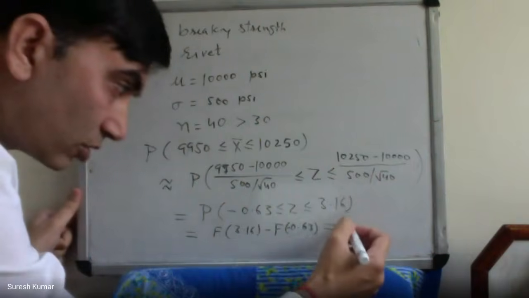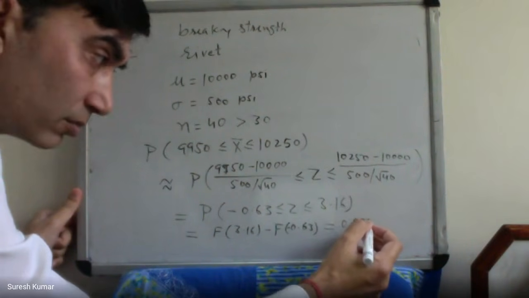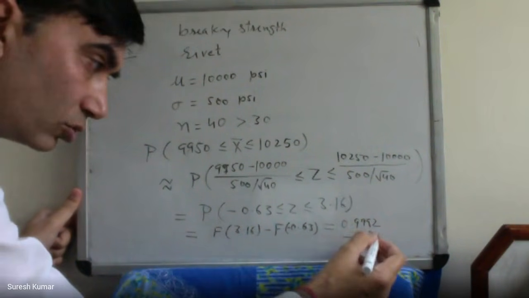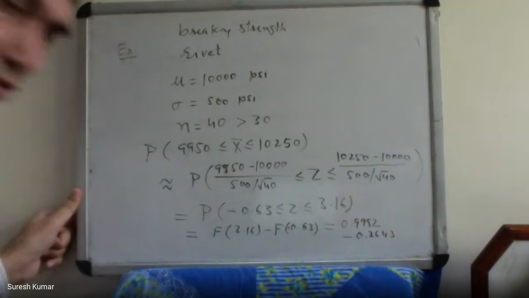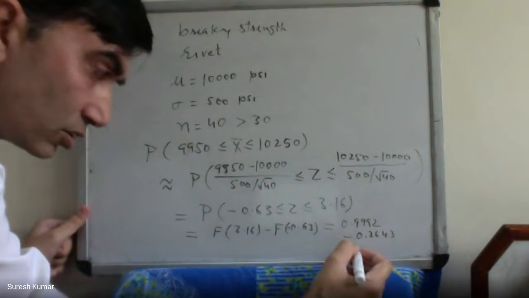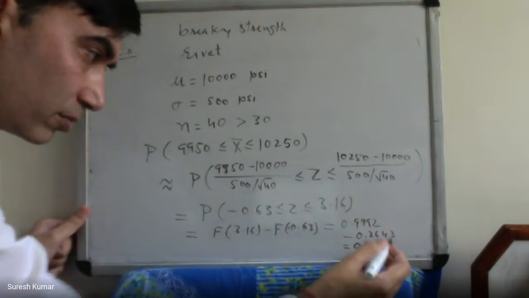The values from the table are 0.992 minus 0.2643. Please check from the table. The final answer you get is 0.7349.